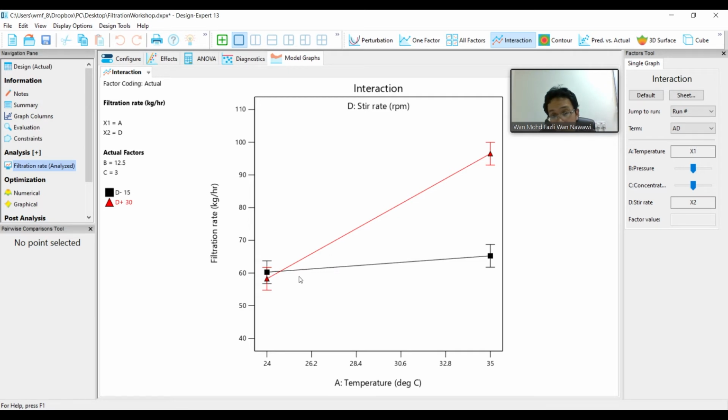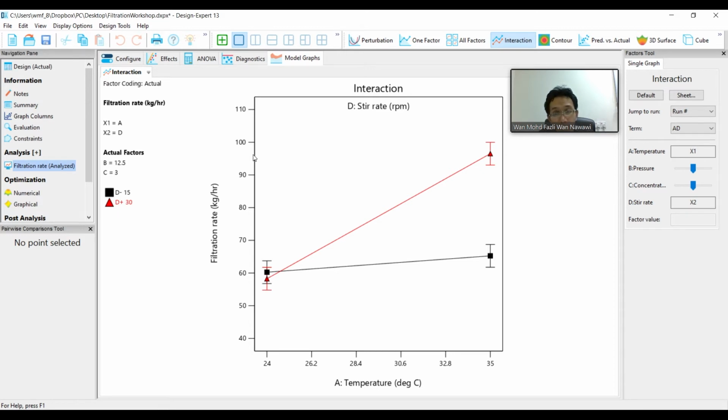Here the line represents the stir rate. The black is the low rate, 15 rpm, and the red is the high stirring rate, 30 rpm. So you can see here at high temperature you can get a high result, filtration around 90 something like that.